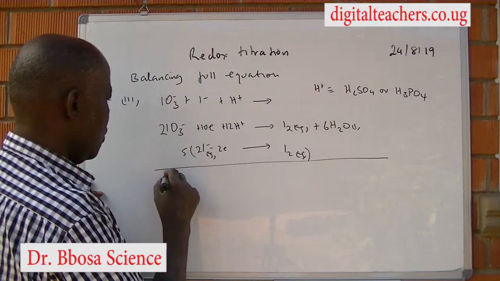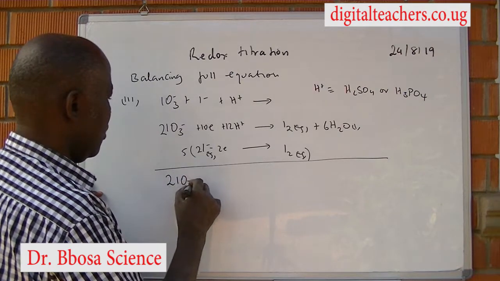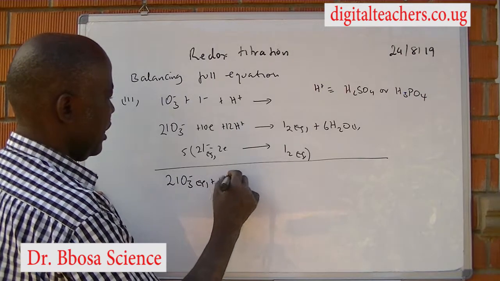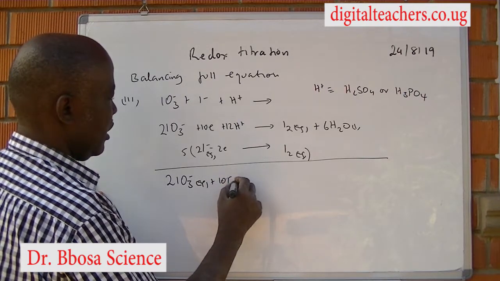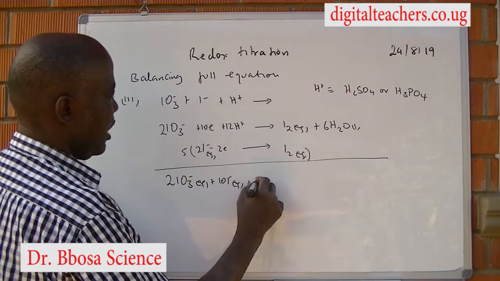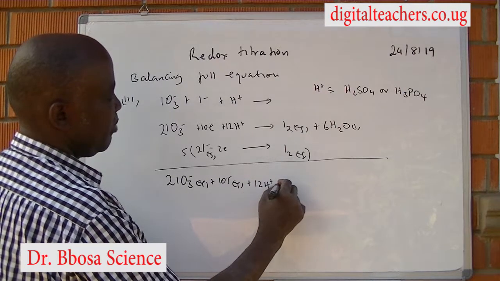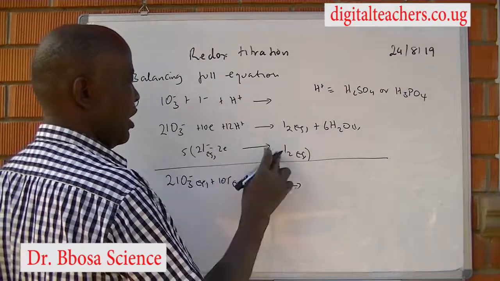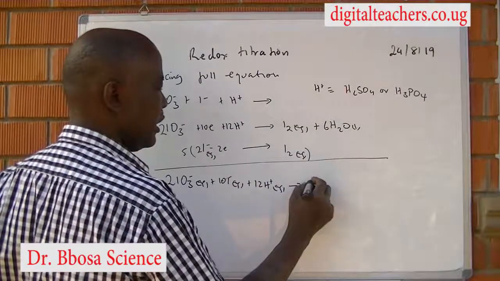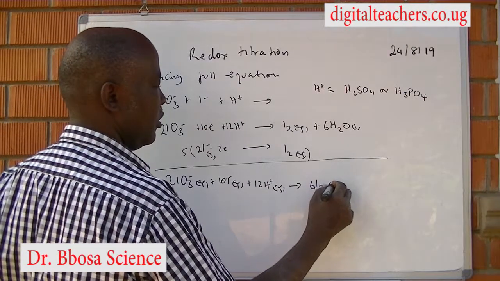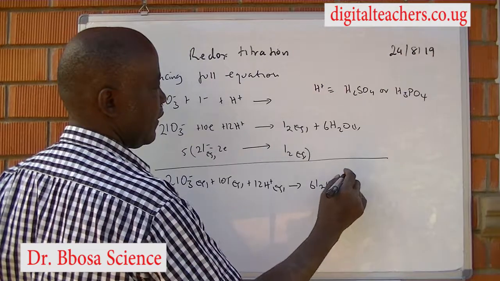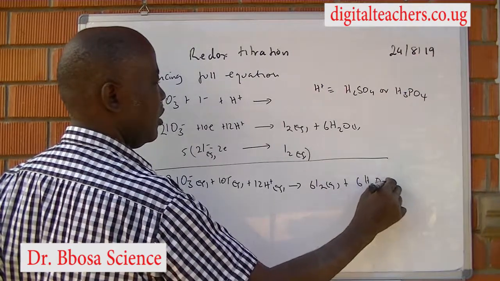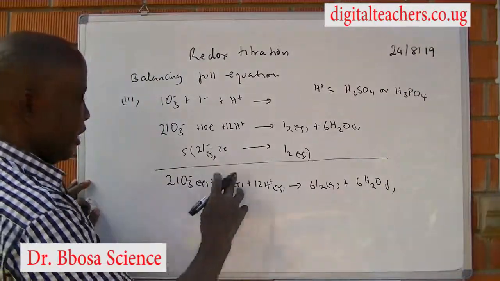So this is 2IO3 minus aqueous plus 10I minus aqueous plus 12 hydrogen plus aqueous will give us 5 plus 1, 6 I2 aqueous plus 6 H2O liquid.